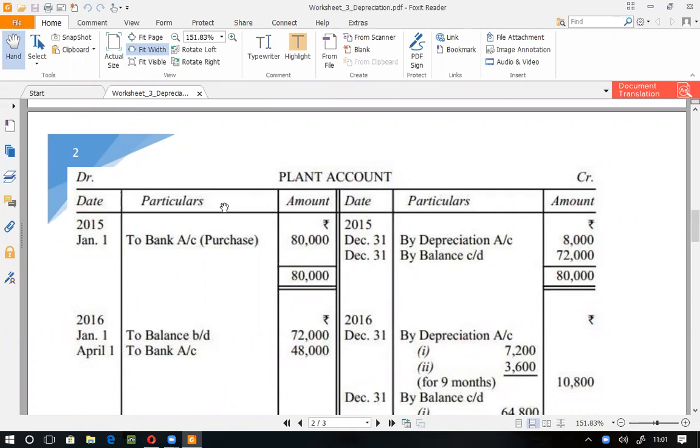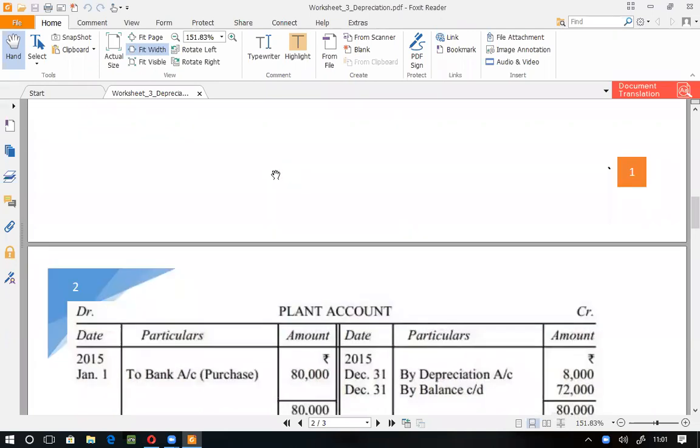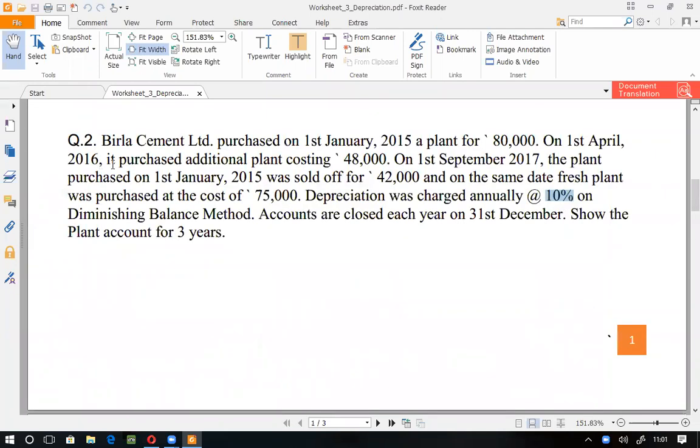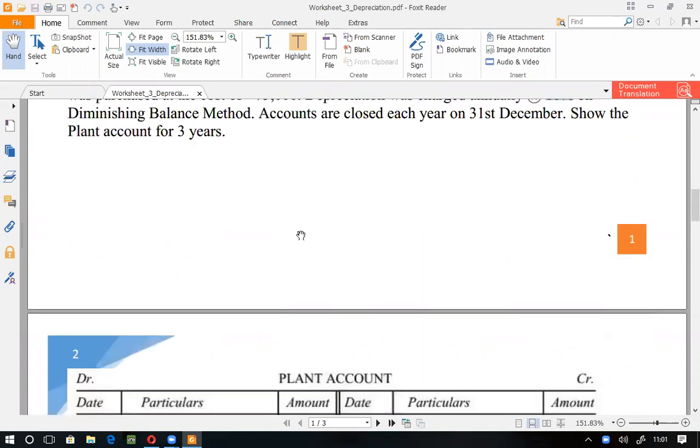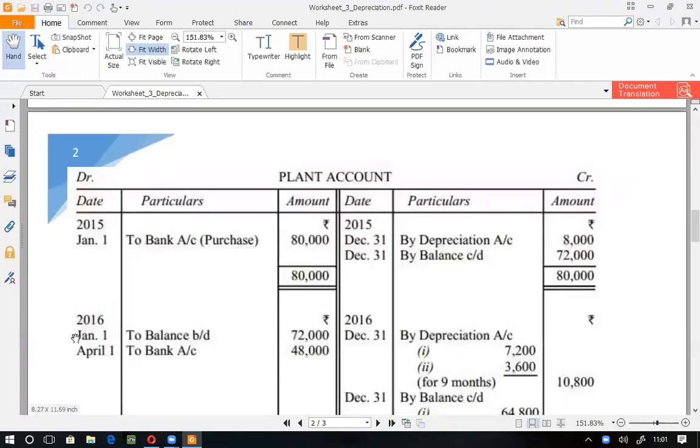Now in the same year, we'll go back to the question. We see in the question that on 1st April 2016, it purchased an additional plant costing 48,000. इसी साल के जो हमने दूसरा साल शुरू करा है January 1, 2016 को, which will end on 31 December 2016. So 1 April 2016 को you have bought an additional plant for rupees 48,000.